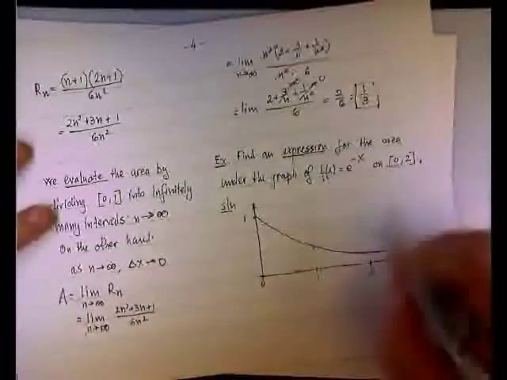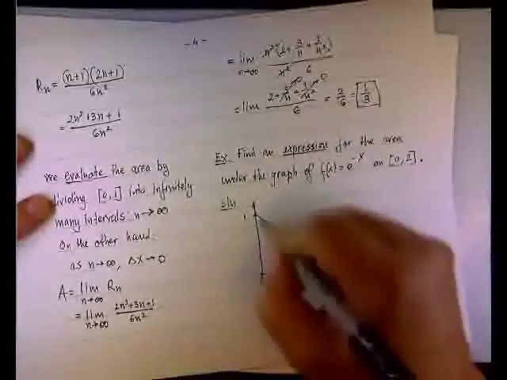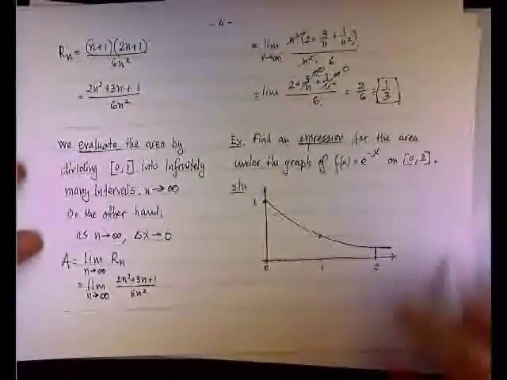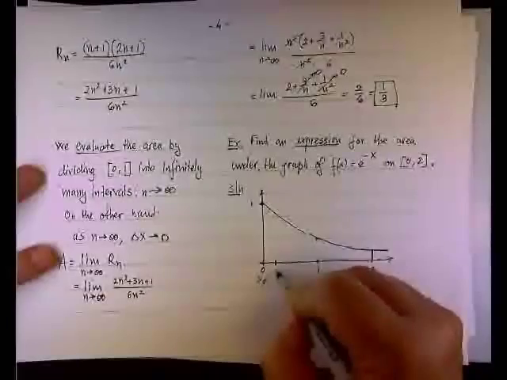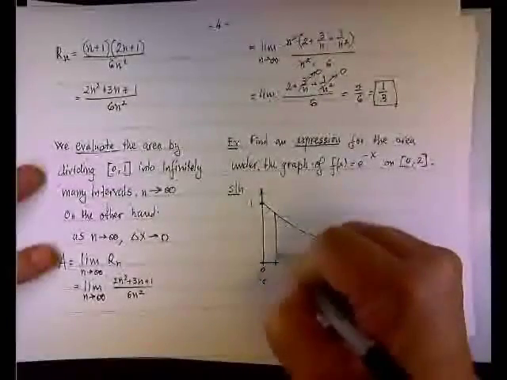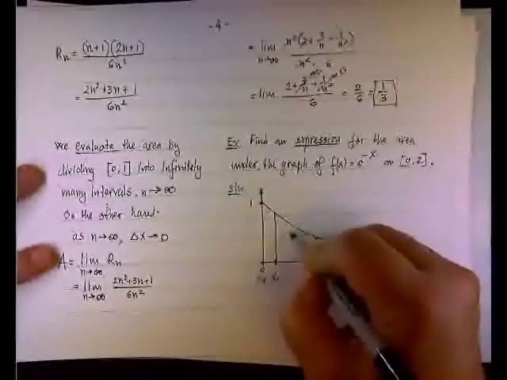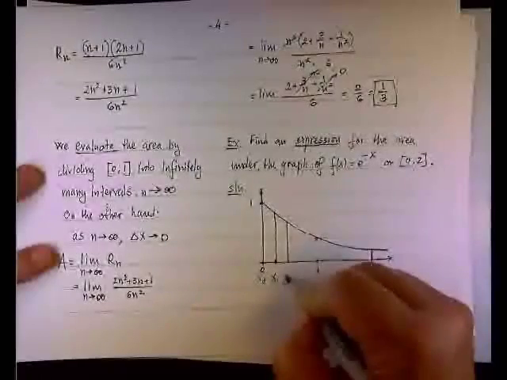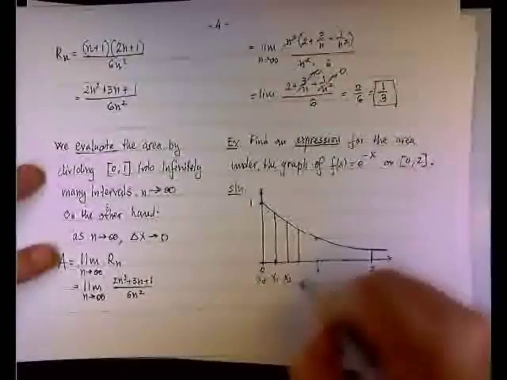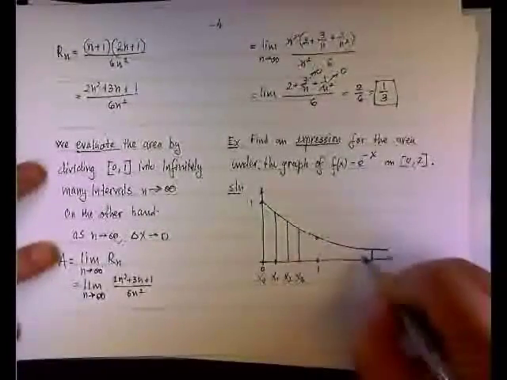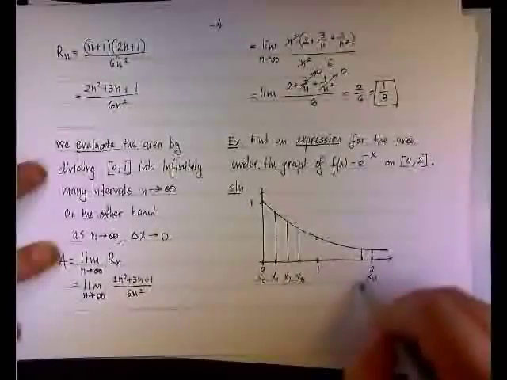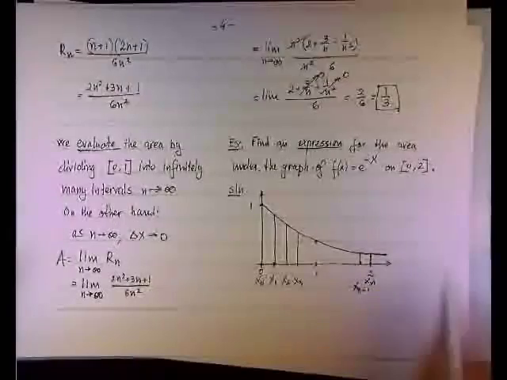So we are looking at the area in this region, and since we are not told how many subdivisions, we're going to say, okay, this is x sub 0, so then here's the first division, so it's x sub 1, the second one would be x sub 2, and so on, x sub 3, and x equals 2 is really x sub n, and the one before will be x sub n minus 1.